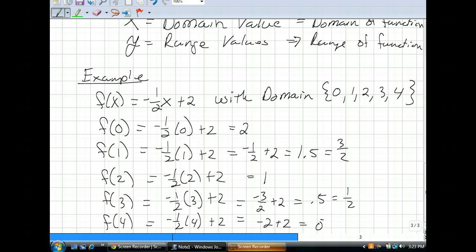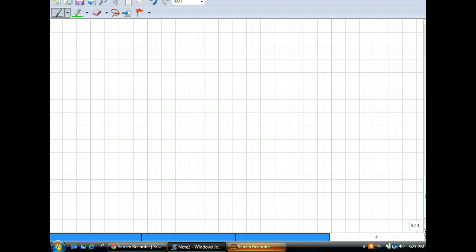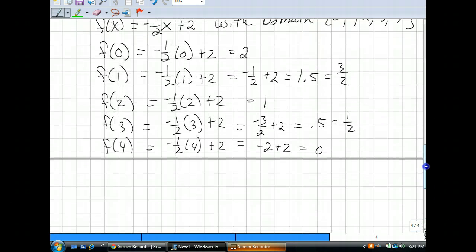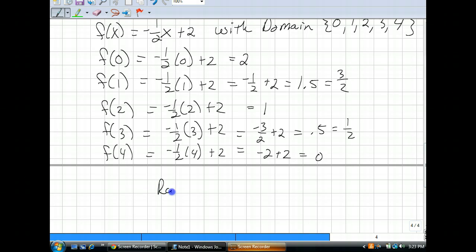So for the domain 0, 1, 2, 3, 4, our range values are the numbers 2, 3/2, 1, 1/2, and 0. Now if we graphed those, okay, I would have the ordered pair 0, 2.